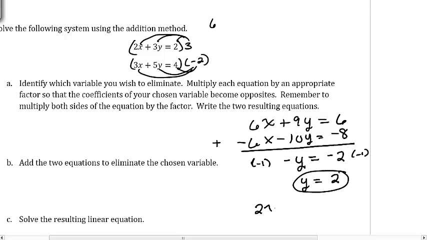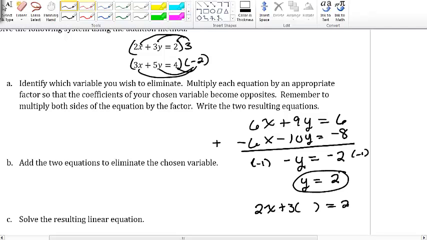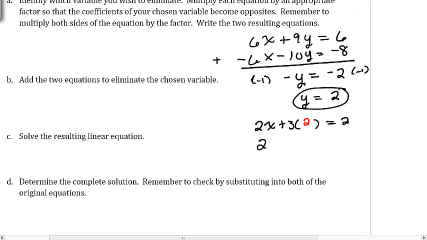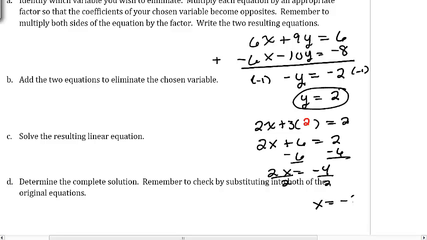So it's going to be 2x plus 3 times 2 equals 2. So we have 2x plus 6 equals 2. Then we subtract 6, and we get 2x equals negative 4. Then divide both sides by 2, and we get x equals negative 2.